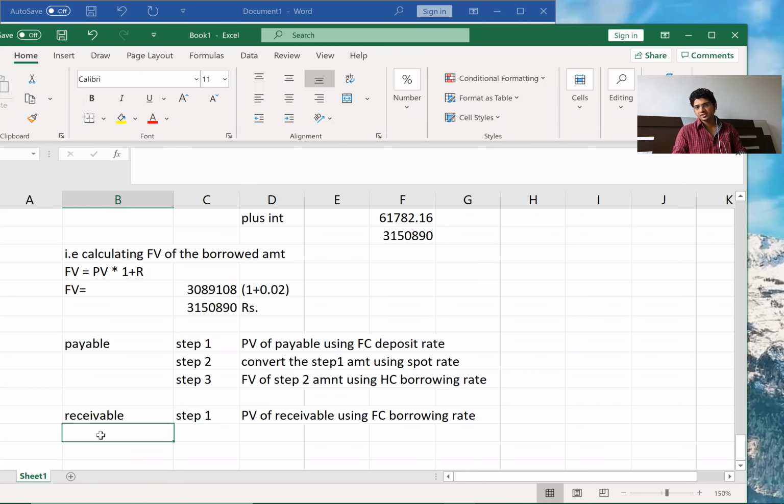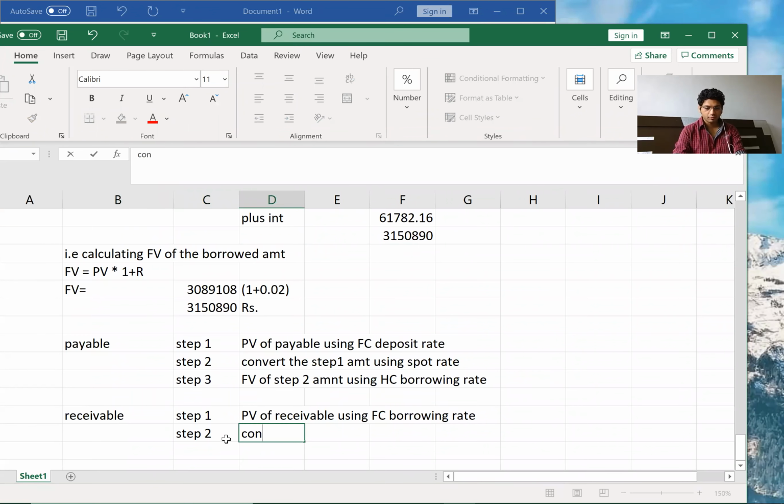So to nullify this asset, we'll create a liability. If you are creating a liability, you are borrowing in foreign currency. Step 2 will be simple, the same: convert the step 1 amount using the spot rate. That remains the same.